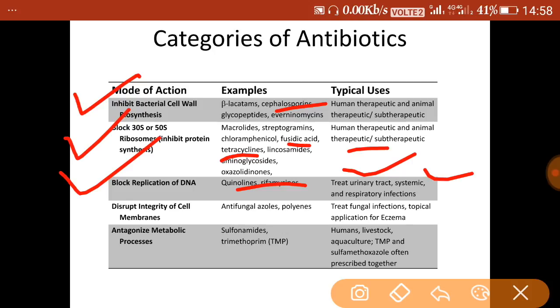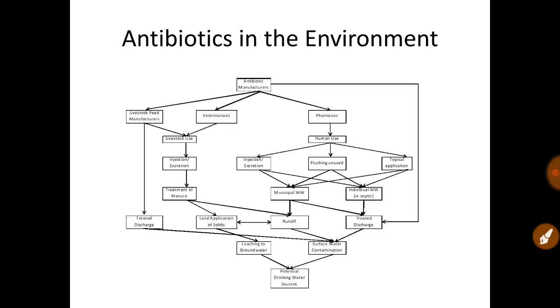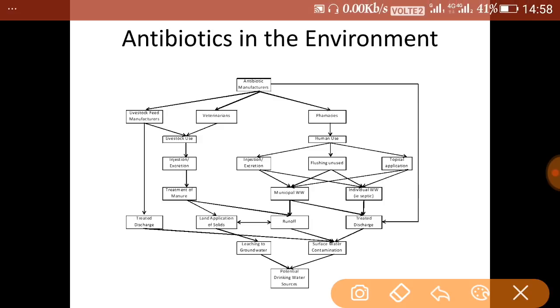Number 3, those which block replication of DNA. Quinolines, rifamycins, they are used to treat urinary tract infections, some respiratory as well as systemic infections also. And there is another category which disrupt integrity of cell membranes, like azoles.